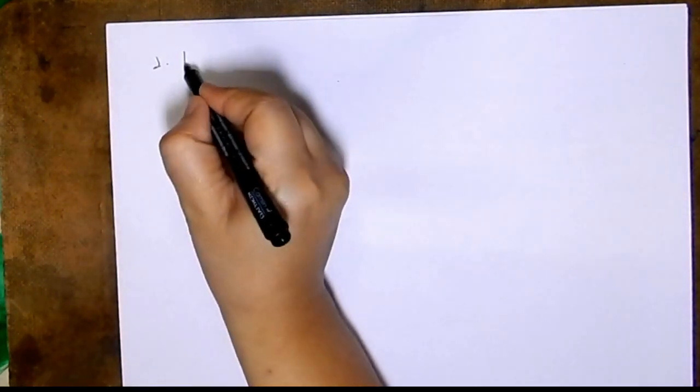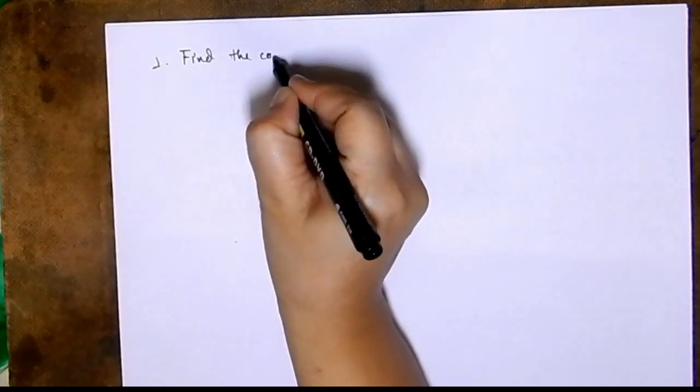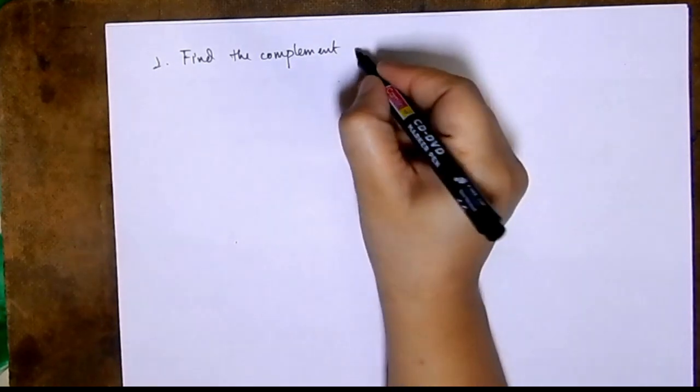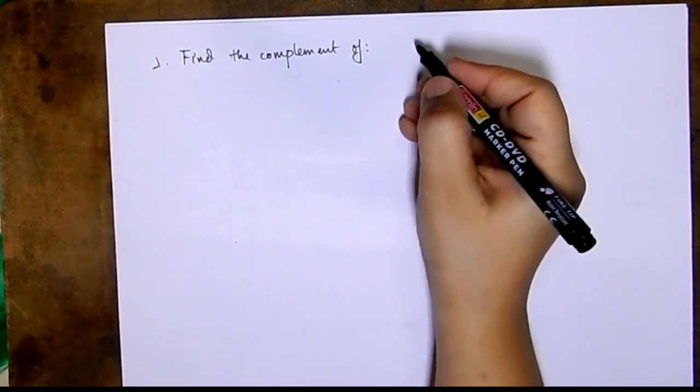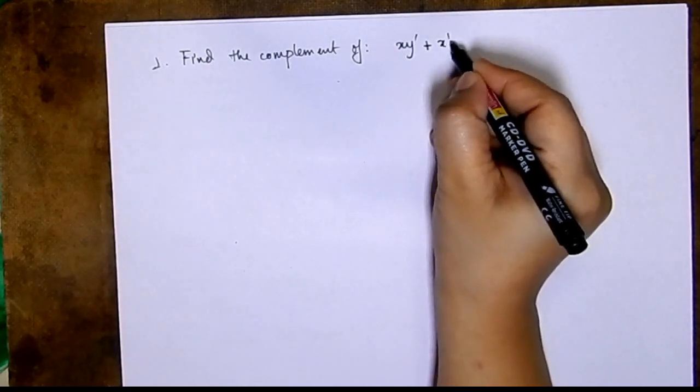Now using De Morgan's law, you might be asked to find the complement of some Boolean expressions. Let's do a few examples. Find the complement of x y dashed plus x dashed y.